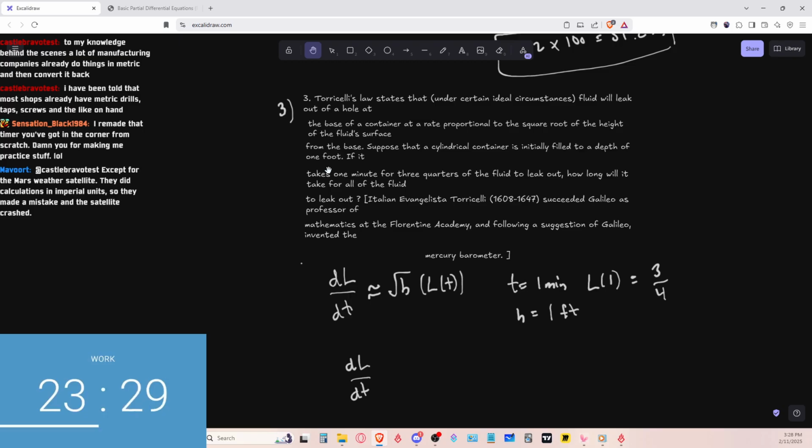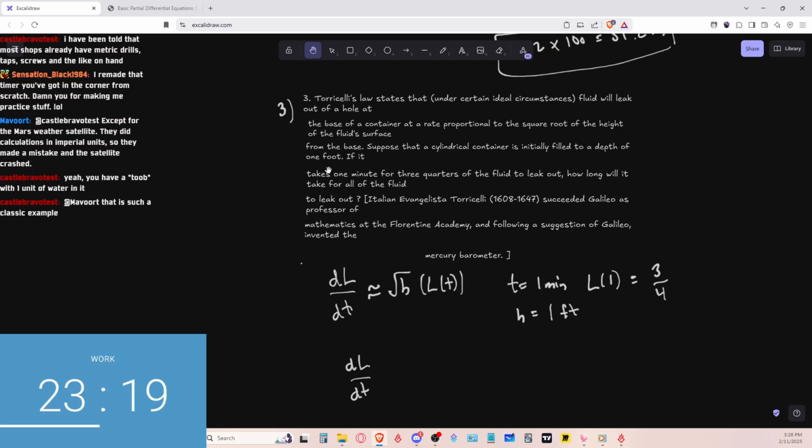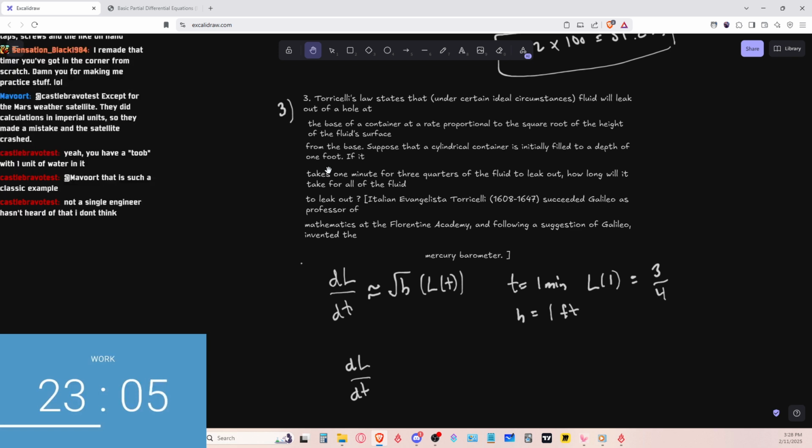I remade the timer you got in the corner from scratch. Damn you for making me practice stuff. What do you mean, sensation? Except for the Mars weather satellite, they did calculations in empirical units, so they made a mistake and the satellite crashed.